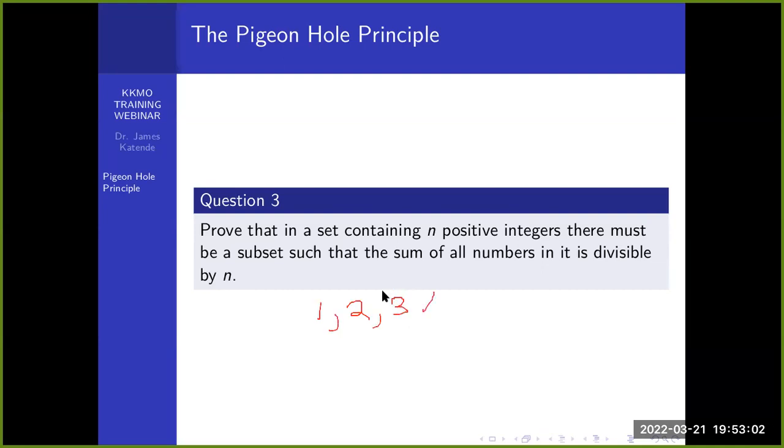The claim is that if you have 4 integers, you must have a subset whose sum is divisible by 4. If you pick the subset consisting of just 1 and 3, and add them, you get 4, which is divisible by 4. This is just for you to get the point behind the question. So how can you prove this in general?